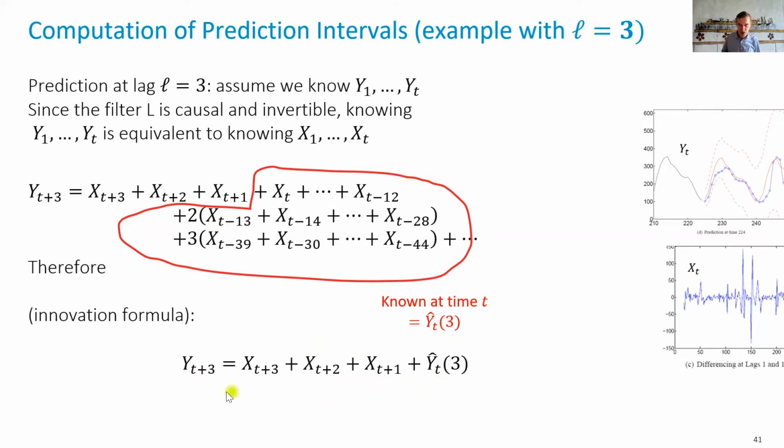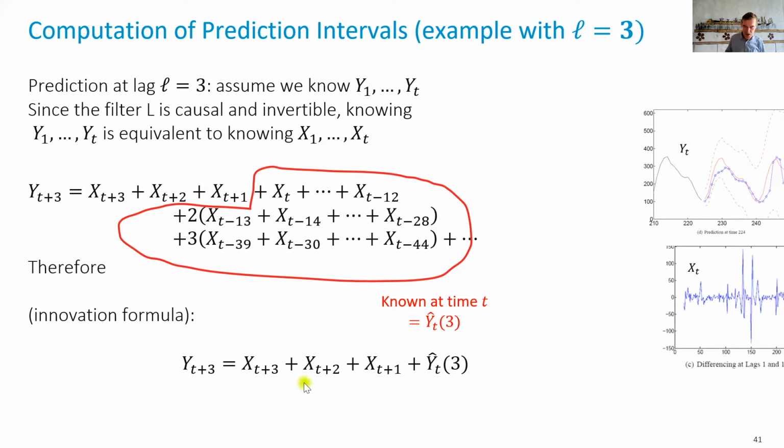It is the innovation because this is saying how the future, y t plus 3, depends on what we know now, which is y t hat of 3, plus all the future things that are not known now that are called the innovation. So it explains how the innovation is added to what we have now. So it's not the formula of the filters we had before, it's one that is derived from this thing here.